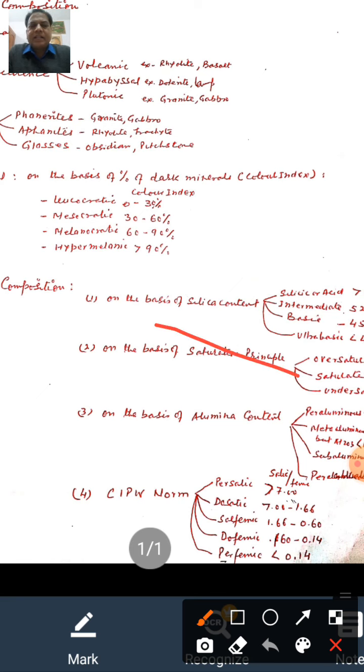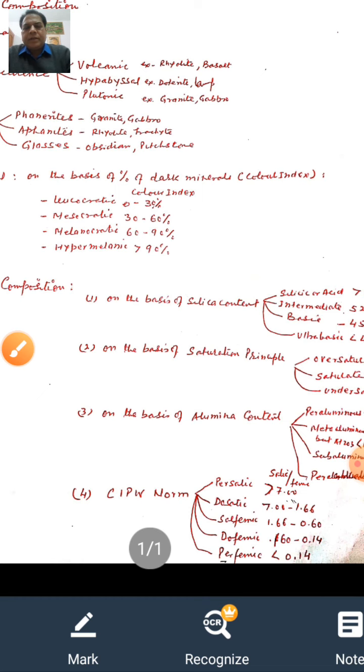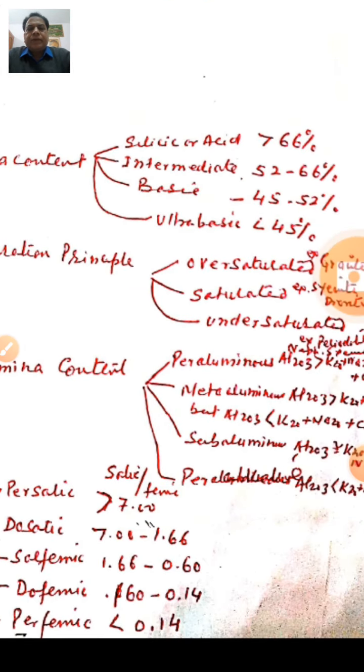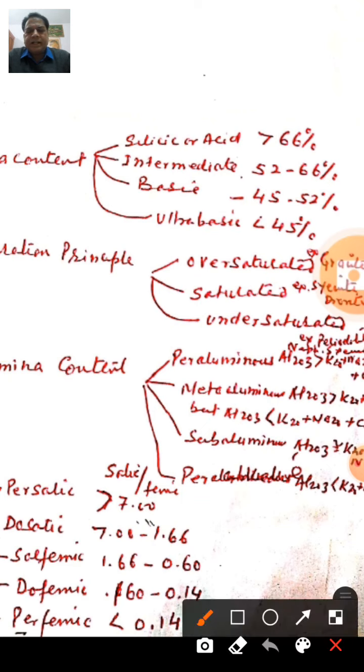So on the basis of the silica content, if a rock has silica content more than 66%, that will be called silicic or acid igneous rocks. If the silica is from 52 to 66%, that will be intermediate igneous rocks.